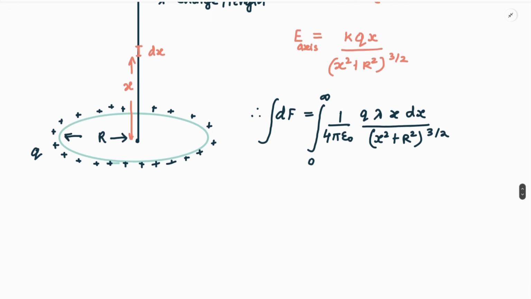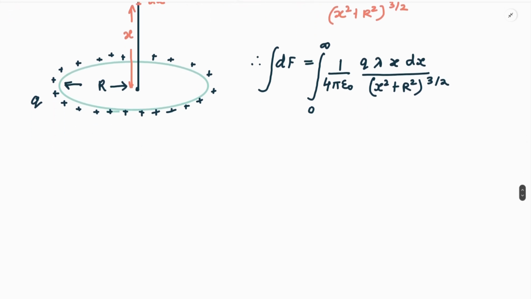Now to enable this integration, we are again considering one setup. We need to use substitution to solve this integration. So over here let us consider something like this. We have a radius r, we have this distance x, and over here we are considering a triangle like this. So this is the radius r, this is the distance x, and over here we consider this angle as theta.